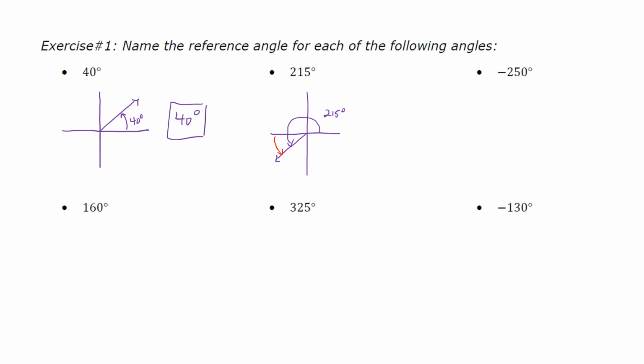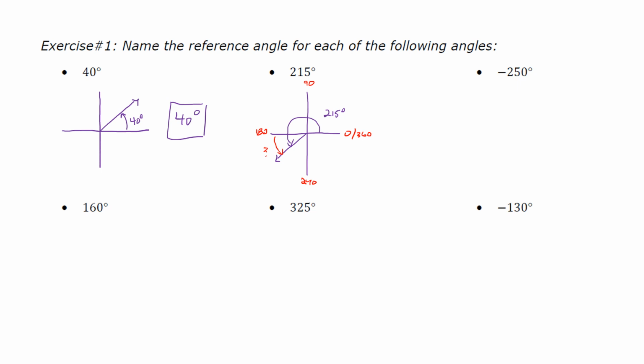To find this angle amount, I know that when we start our unit circle, it starts at 0, then goes to 90, then 180, then 270, and then back to 0 to make a complete 360 degrees.